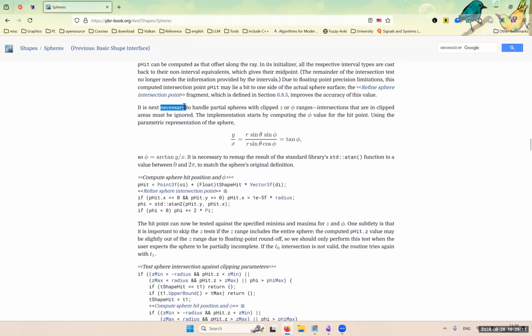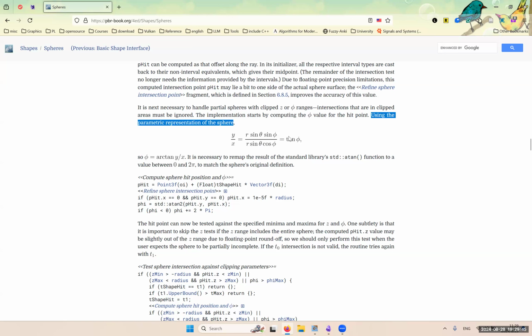And it's also necessary to handle partial spheres which clip the Z or phi ranges. Just ignore the intersection at those points, by computing the phi value for the hit point using the parametric representation of the sphere.